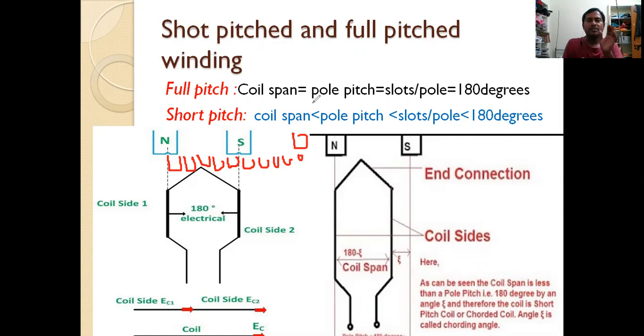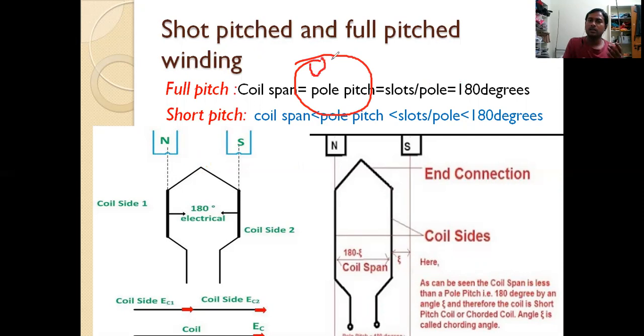So how many slots are there for one pole? Per pole, there are one, two, three, four, five slots. Those slots also we can calculate. For example, if you take the total armature having these slots, these slots are divided among the poles.